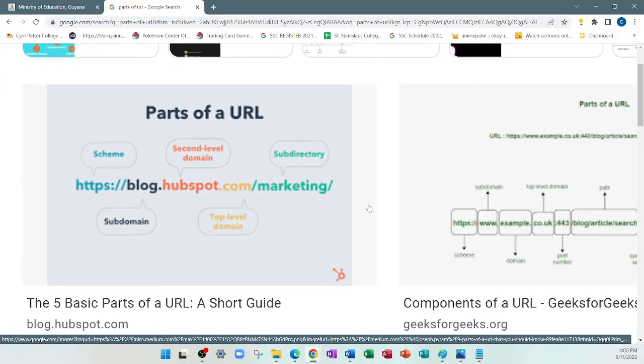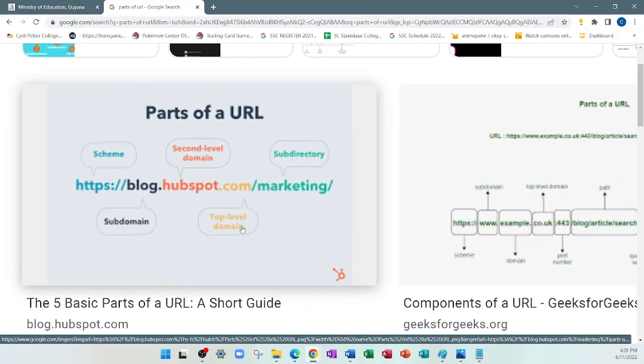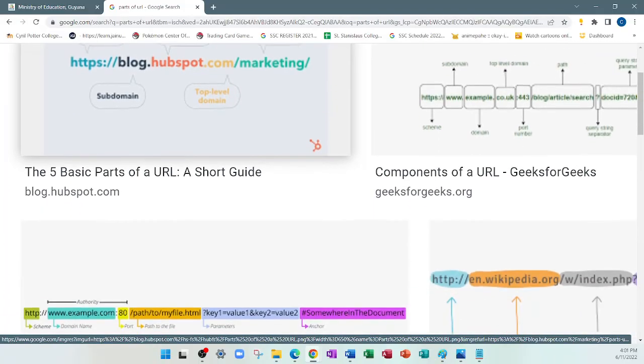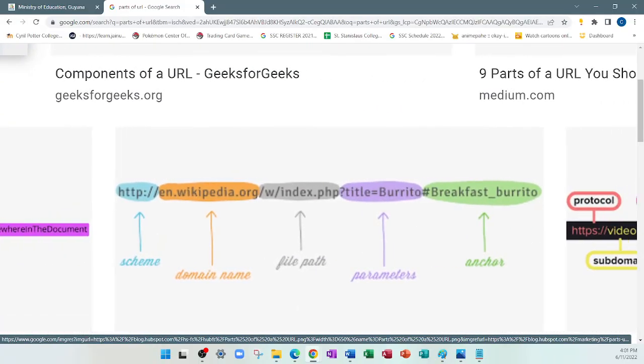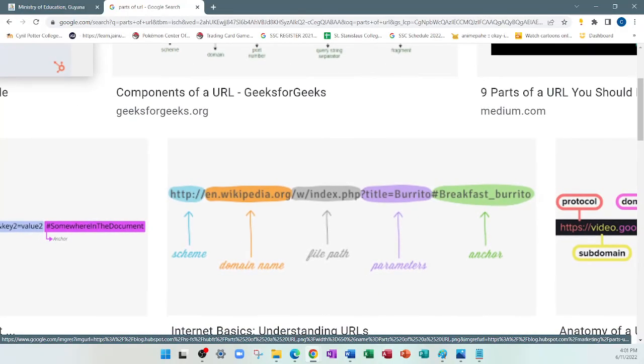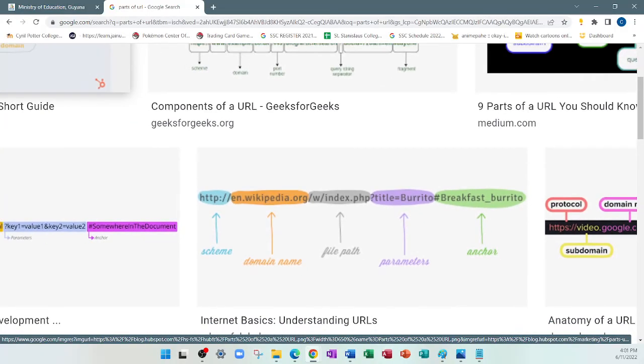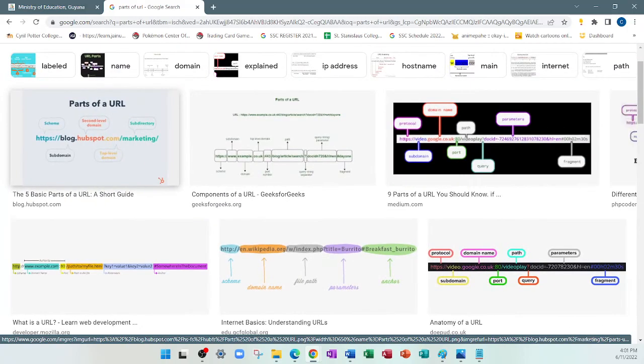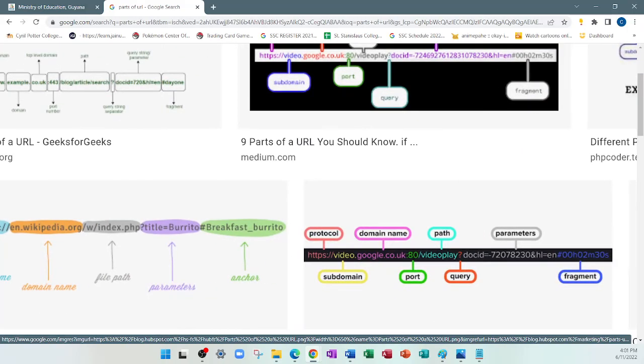You notice here there are different types of domains, top level domains, secondary domains, and so on. What else? File path, parameters. But yeah, the main thing is to remember the protocol, the domain name, the file path, and that's basically it.